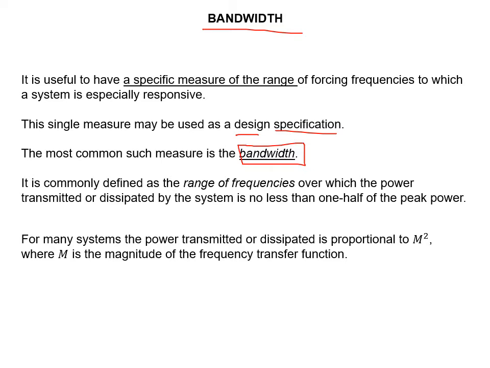Bandwidth is commonly defined as the range of frequencies over which the power transmitted or dissipated by the system is no less than 1/2 of the peak power. For many of these systems, the power transmitted or dissipated is proportional to M squared, where M is the magnitude of the frequency transfer function.